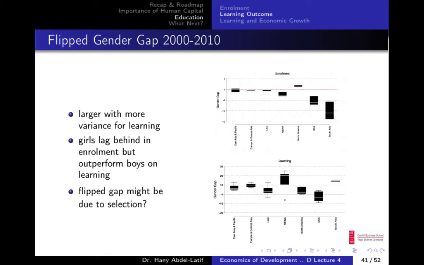But they show some evidence that this is not the case. In general, and I do believe this myself, I feel like girls take learning more seriously than boys. Anyway, they document some evidence in their paper about this flipped gender gap.